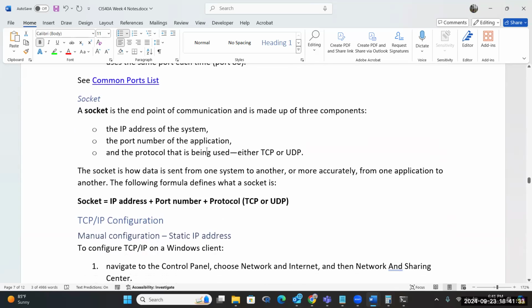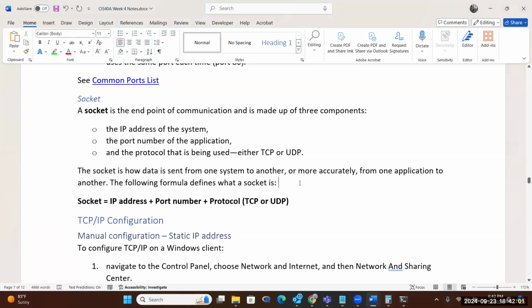And then the next part is a socket. This is made up of 3 things: an IP address, a port number, and the protocol that's used. Usually it falls under TCP or UDP. So a socket is used to send data from one system to the next, and also application.